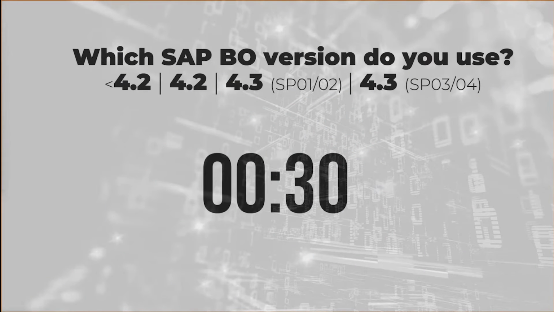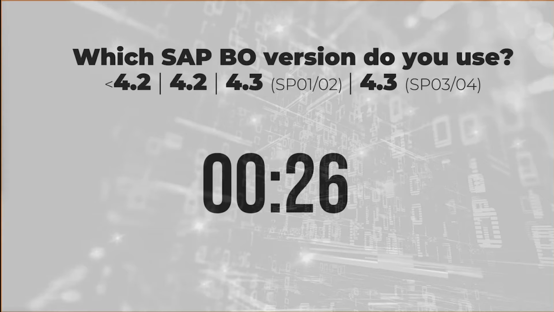Anchorage, Turkey. Okay, if you could, let us know: what SAP BusinessObjects version are you using? Less than 4.2, 4.2, 4.3 SP01 or 02, or 4.3 SP03 or 04? And we're looking right here through our graph, as you can see.